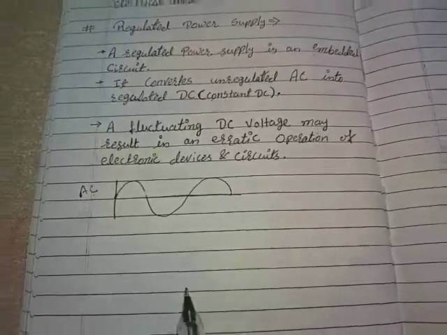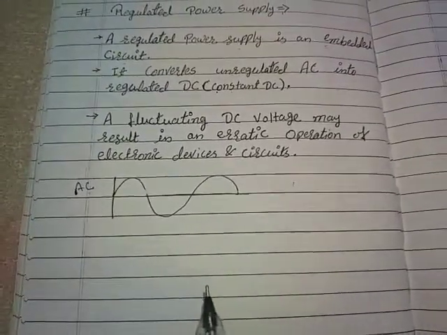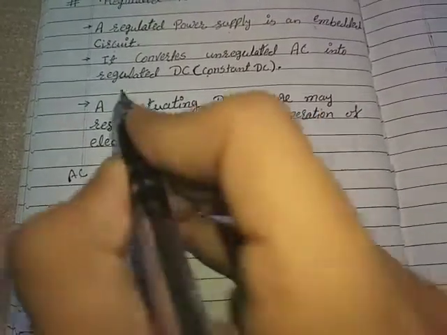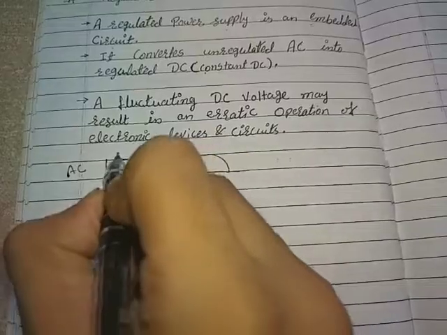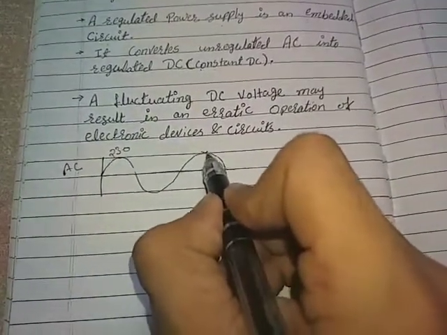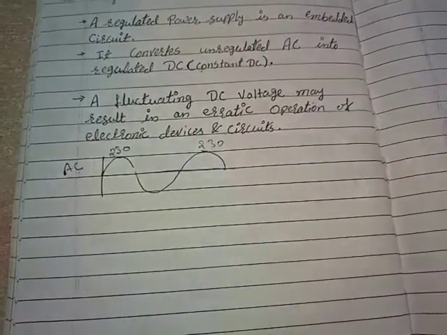If I say I want 230 volt output, then the maximum should be 230 throughout the time. Clear?